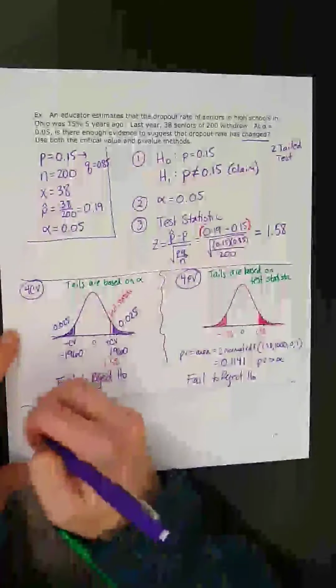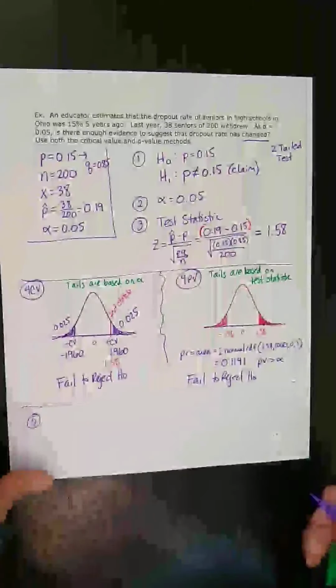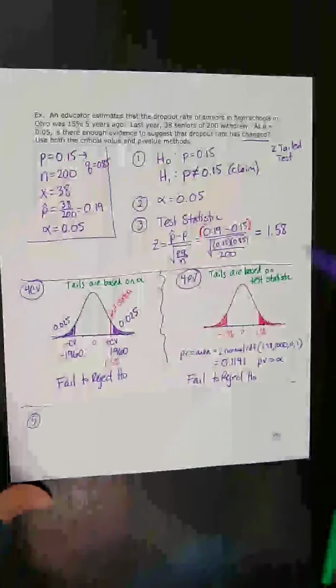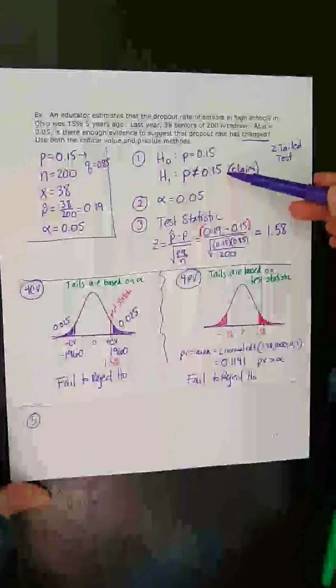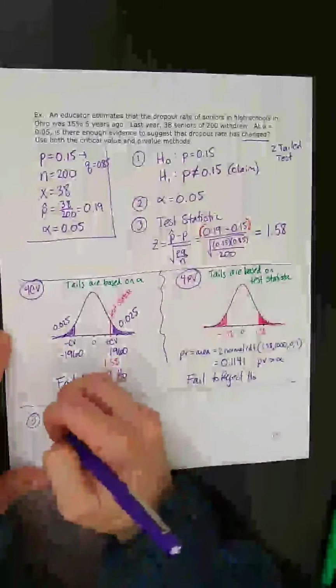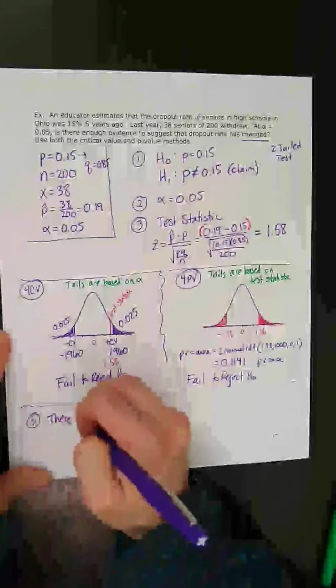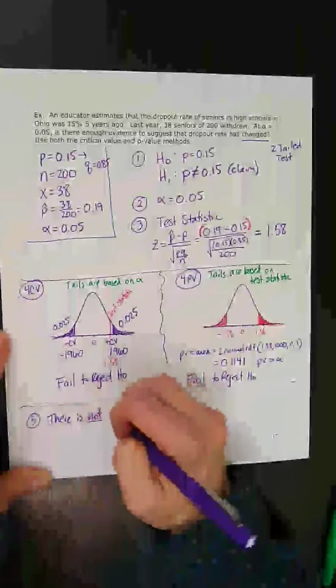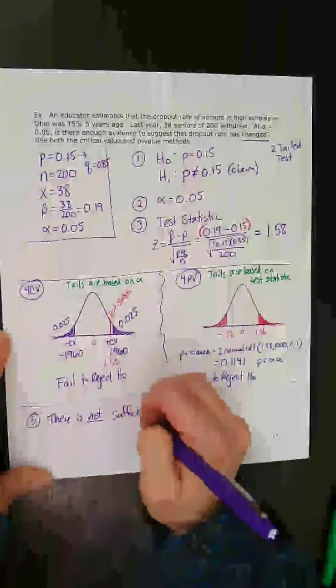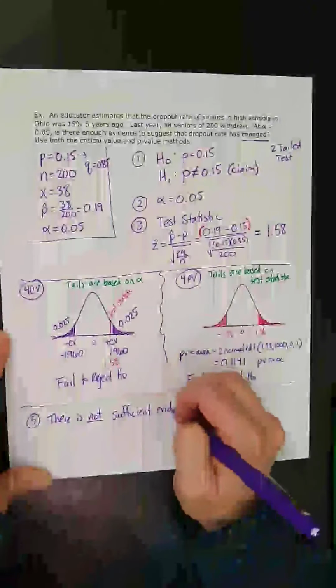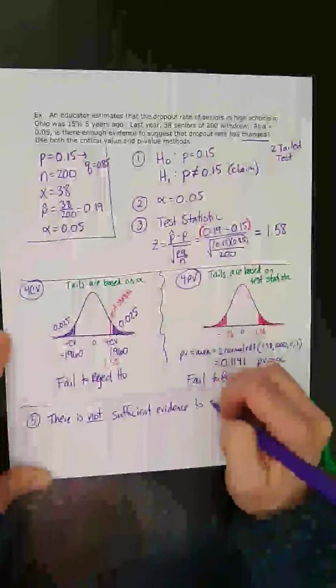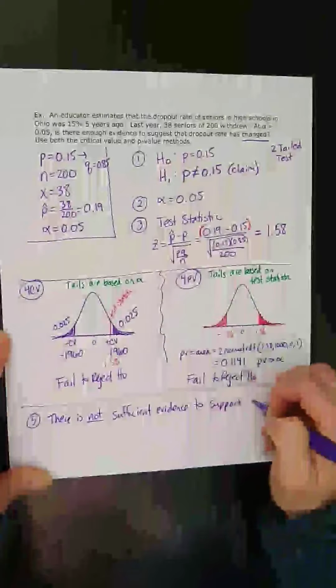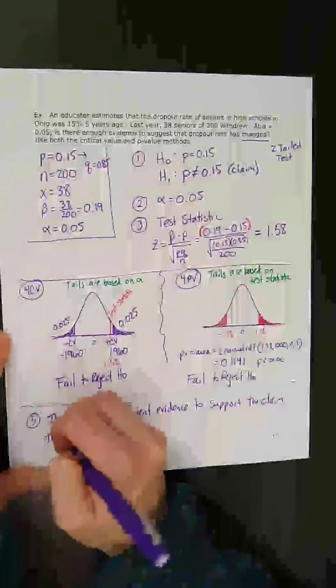There's the end of step 4, and here's my summary. So this is a bummer for me, right? I was hoping to reject H sub 0 and show that it's different, but I wasn't able to. So there is not sufficient evidence to support the claim that, okay, we can pause here.